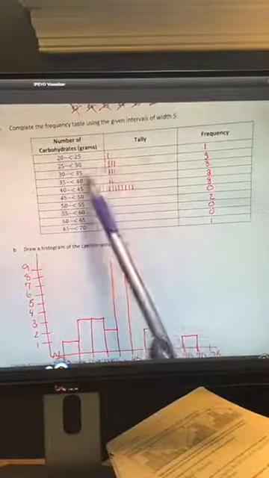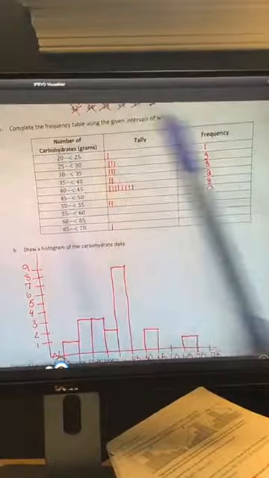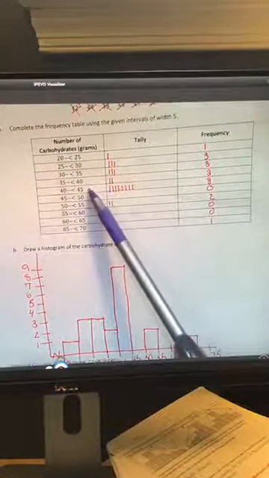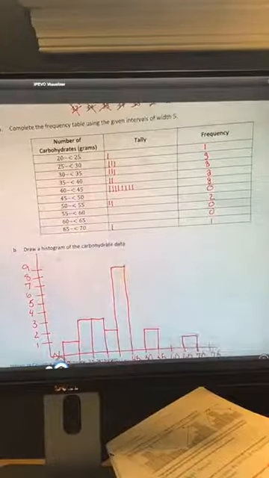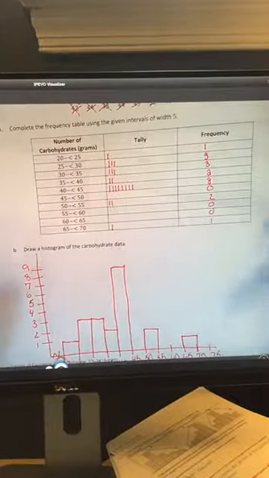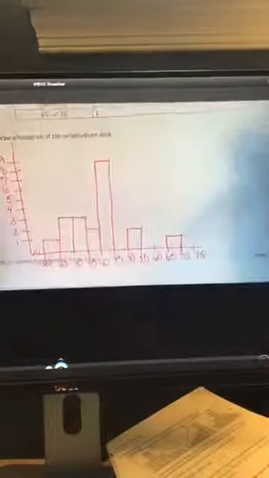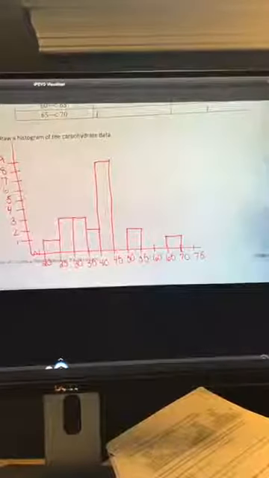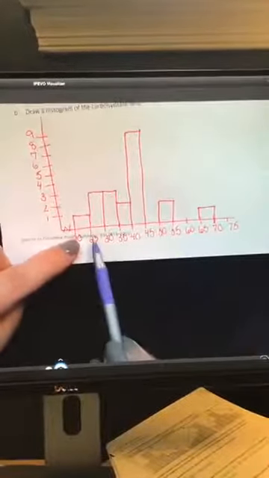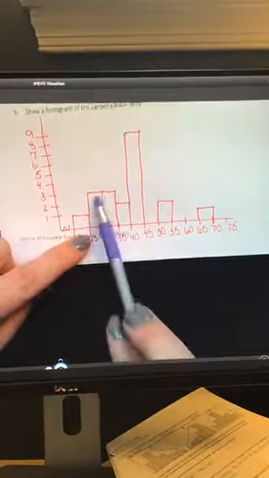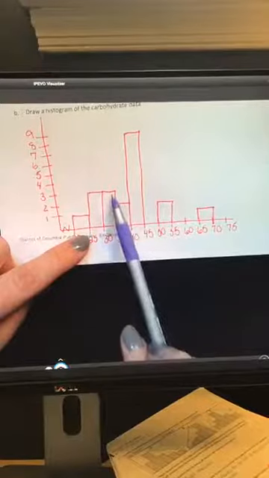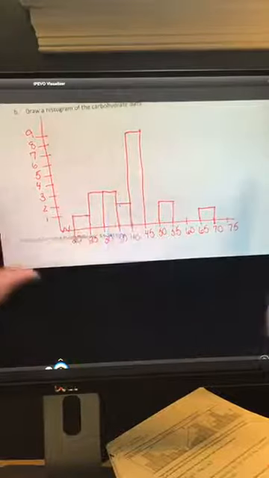So for example, 33, we put between 30 and 35. 40, we put between 40 and 45. 66 went between 65 and 70, and so on. And then after that, we made a histogram. And here's our histogram. From 20 to 25 had 1. From 25 to 30 was 3. 30 to 35 was 3.